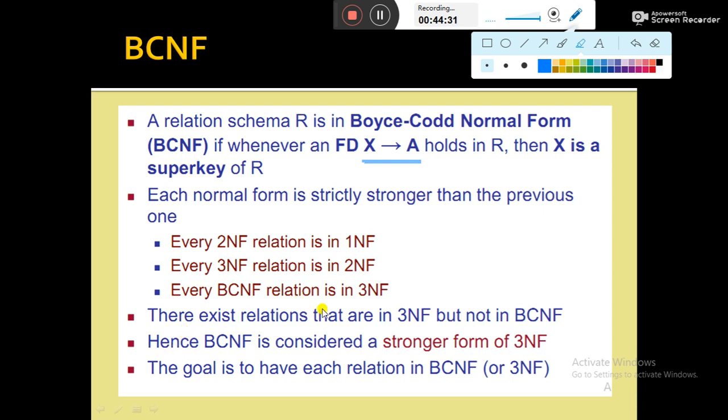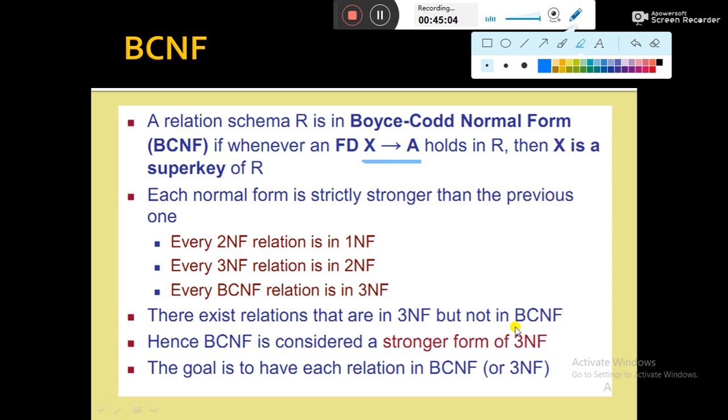But a very important point here is that there exist relations that are in 3NF but not in BCNF. Let me clarify. If a relation R is in 3NF, it may or may not be in BCNF.